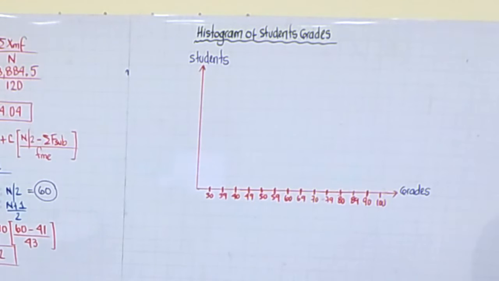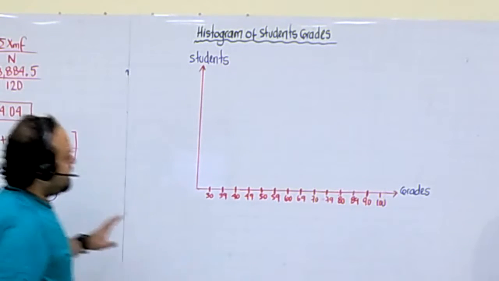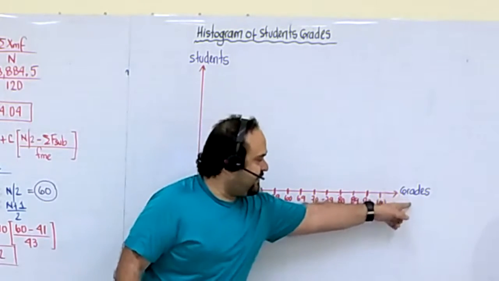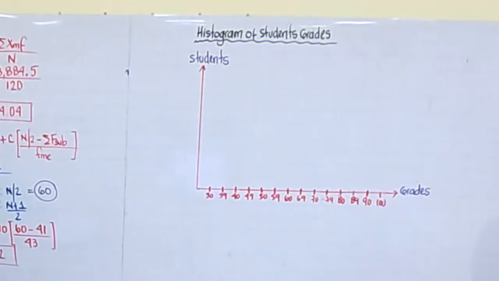Now, just to explain, this is the quantity of grades. In simple words, this will be the class interval. And the other name for this is students, when we're talking about absolute frequency.